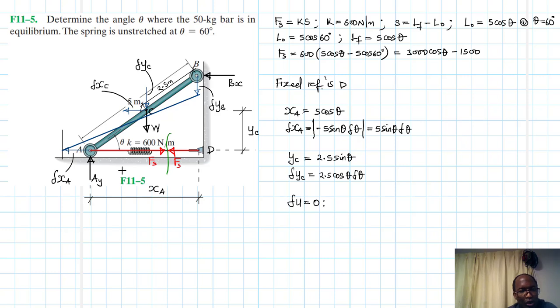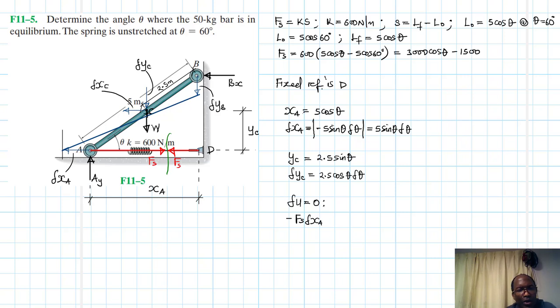Okay. So let's start with point A. Point A, the spring force and the virtual displacement are in the opposite direction. Therefore, we assign a negative, right? So negative Fs, del XA.